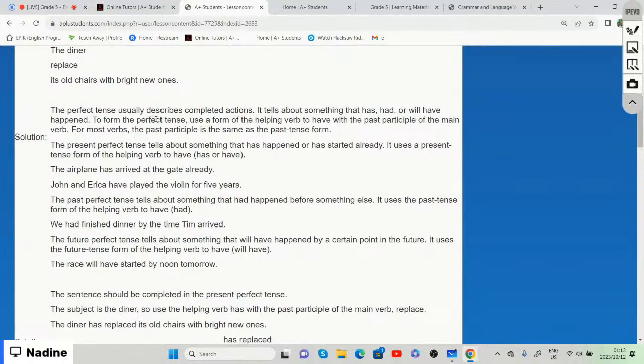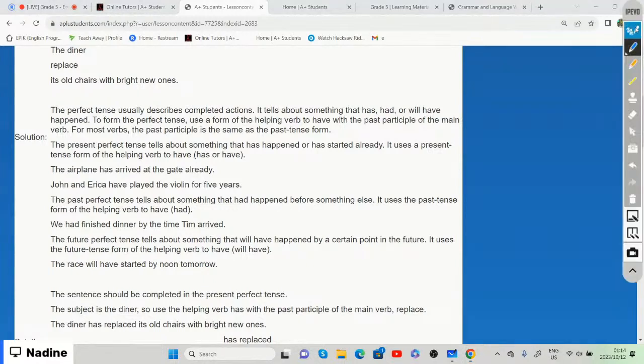So the perfect tense usually describes completed actions, and it tells us about something that has, had, or will have happened.